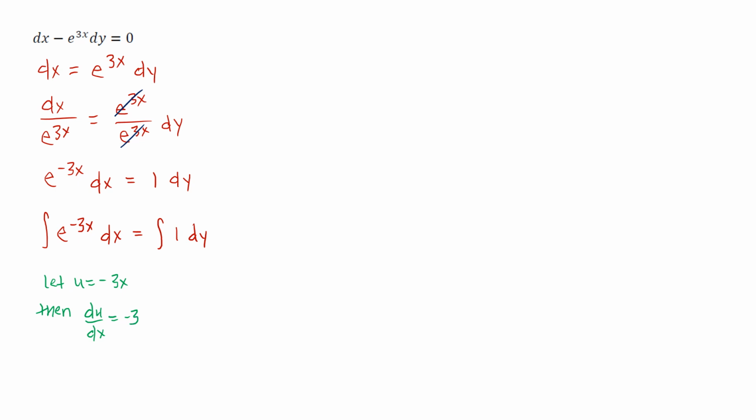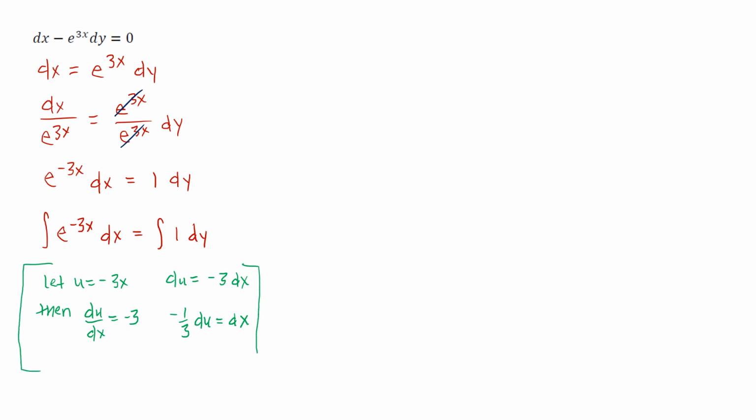Okay, I want to substitute in for dx, so I want to get dx by itself. So du will equal negative 3 dx when I multiply both sides by dx. Then if I divide both sides by negative 3, I'll get negative 1/3 du equals dx.